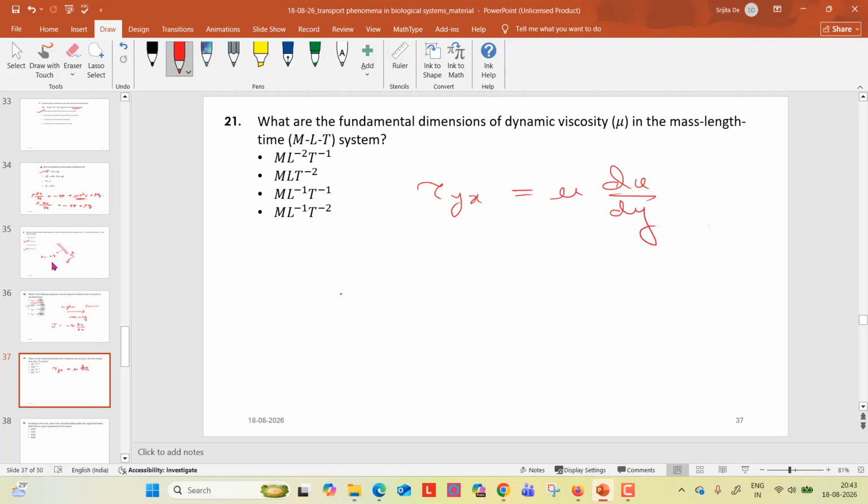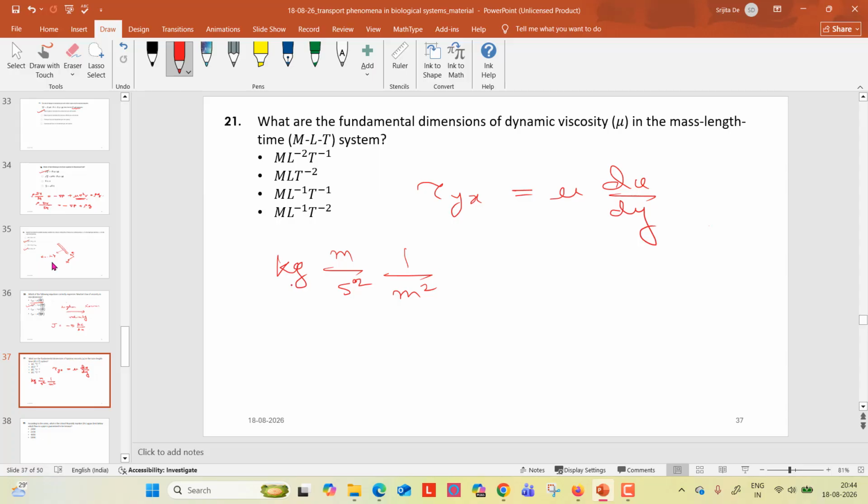So tau we have seen is the shear stress, right? So it is force per unit area, force is mass into acceleration. So mass into acceleration per unit area, right?